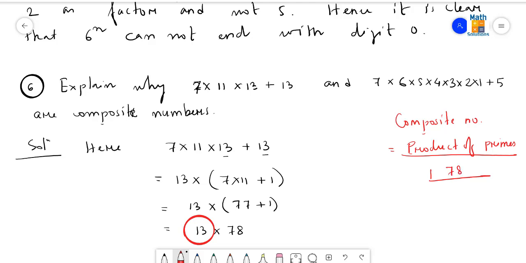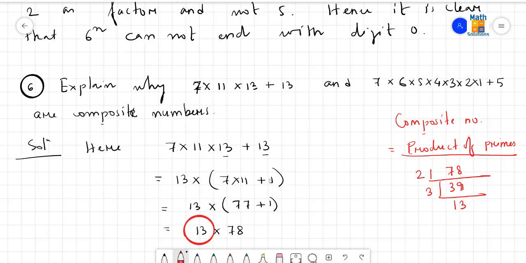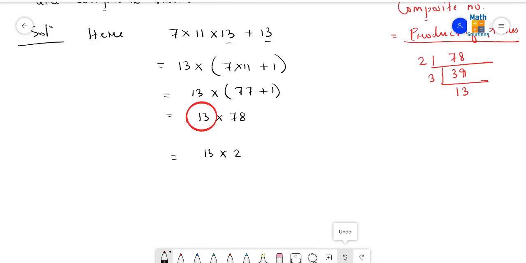Let's do factorization. Dividing this by 2, 2 times 39 is 78, then 39 divided by 3 gives 13. So after this, what do I write here? 13 into 2 into 3 into 13.